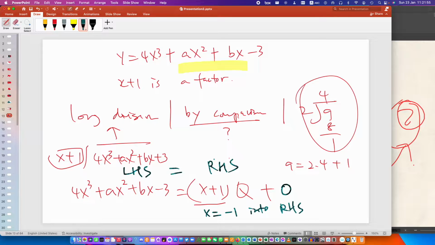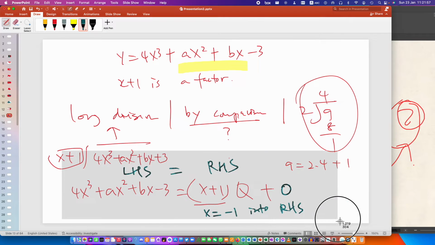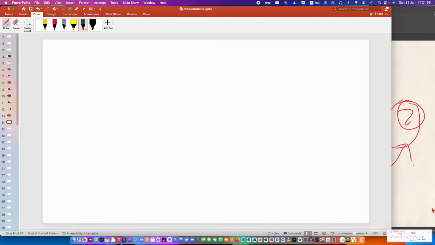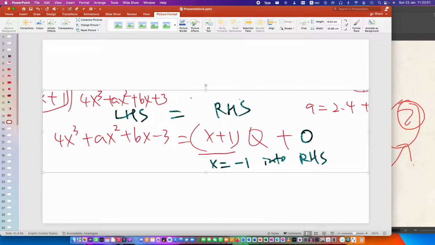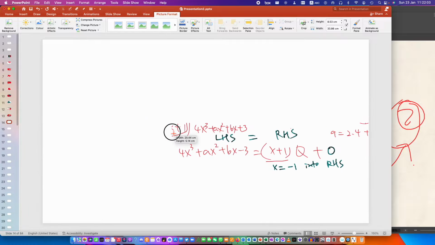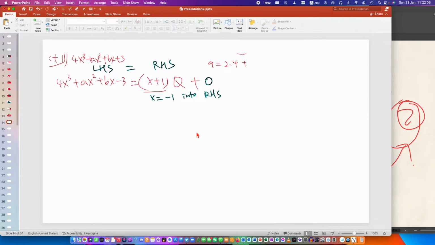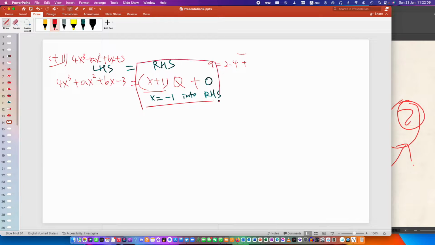Okay, very good. So -1 plus 1, q plus 0. This will be 0. 0 times q is 0, so RHS is 0.